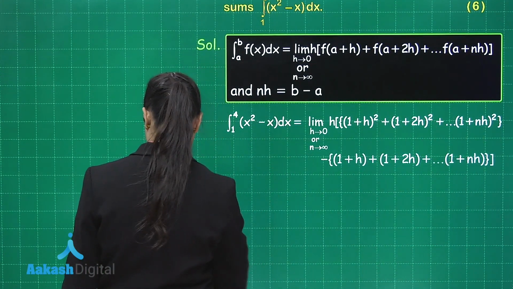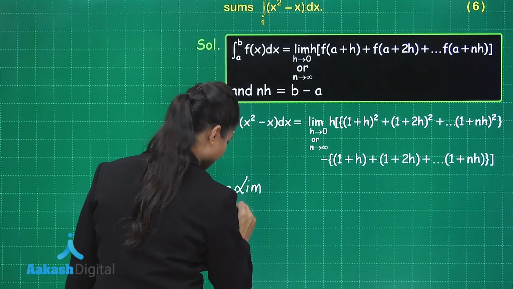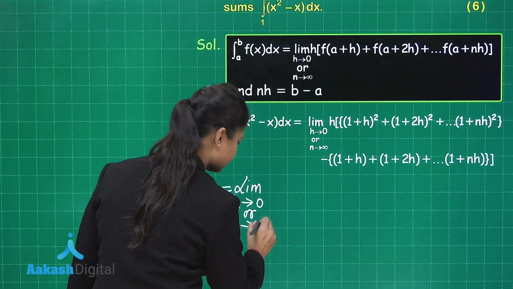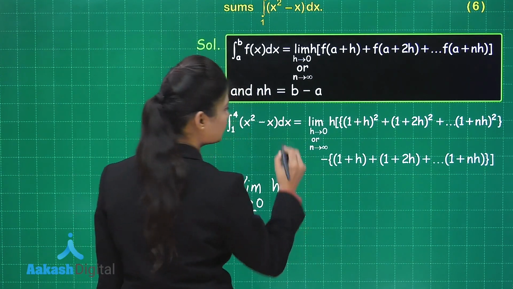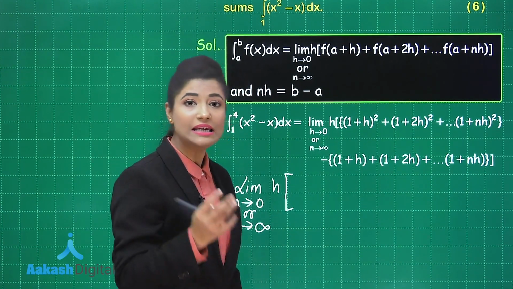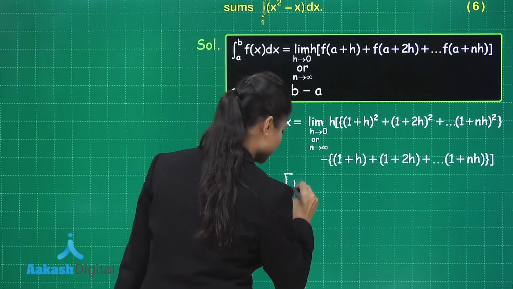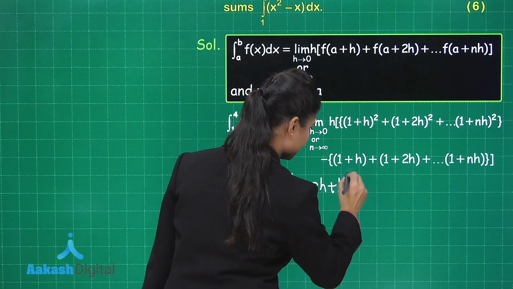So in the next step, here you are going to get limit h tending to 0 or n tending to infinity, where we have h into these square terms. You will be simplifying all these square terms, and on expanding each and every square quantity here, you will be getting 3 terms. Using the basic algebraic operation, I get 1 plus 2h plus h square for the first term.